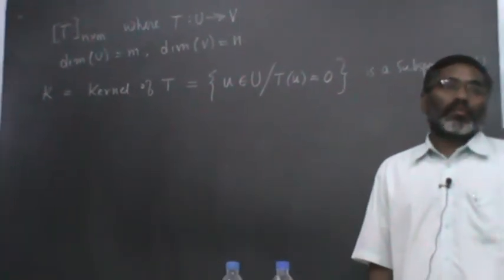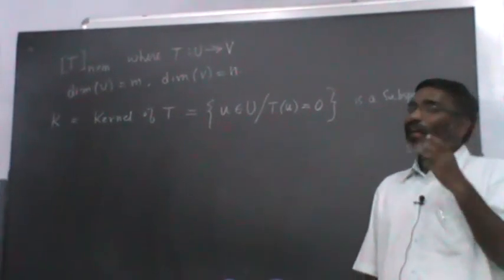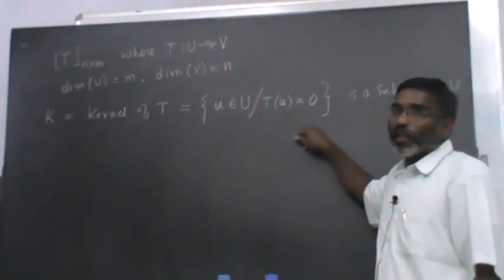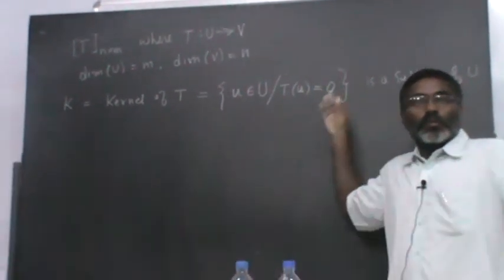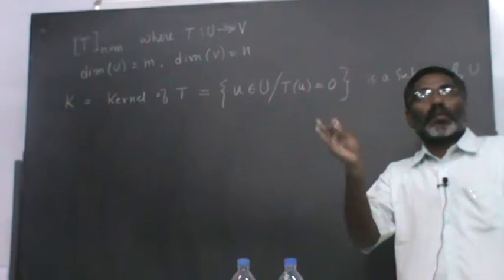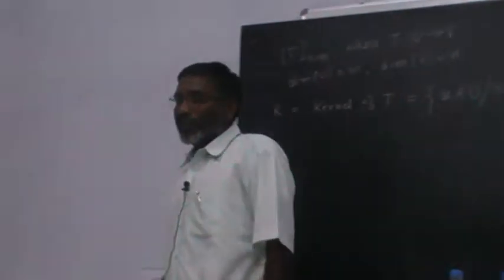But T is a linear transformation, correct? And if you take T of u1 plus u2, it is equal to T of u1 plus T of u2, that also will be 0. So u1 plus u2 also is in K. So you can write the proof very easily, closure under addition and scalar multiplication. So it becomes a subspace of U.